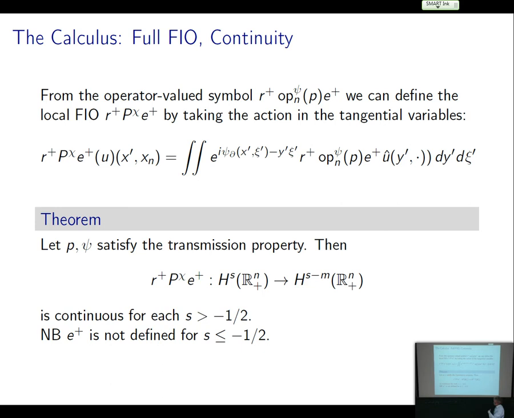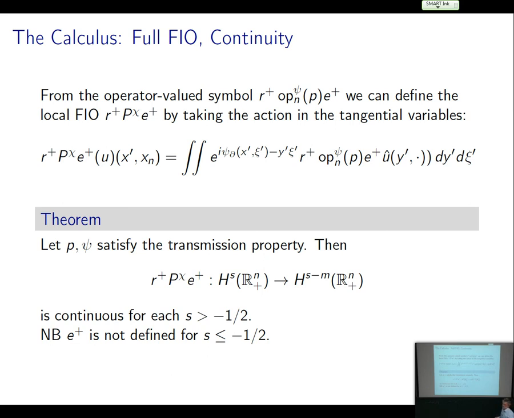Even though in the normal direction as an operator-valued symbol, it doesn't behave as nicely as you would expect, still these operators map the Sobolev spaces in the right order. So whenever you have an operator of order m, then it maps hs of Rn plus to hs minus m of Rn plus. The usual restriction: s has to be larger than 1/2.